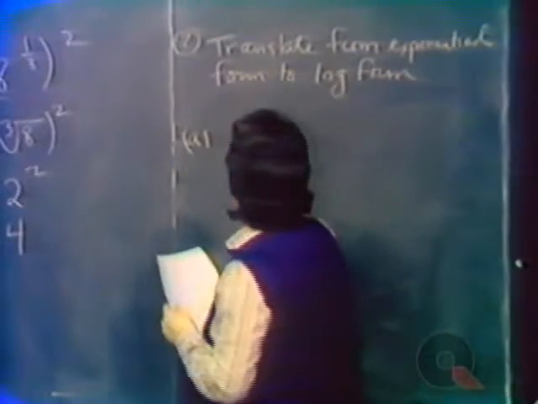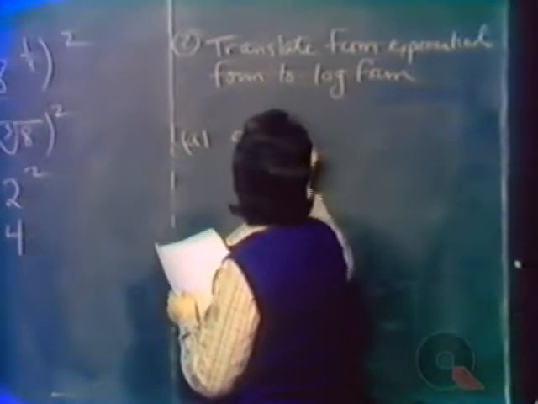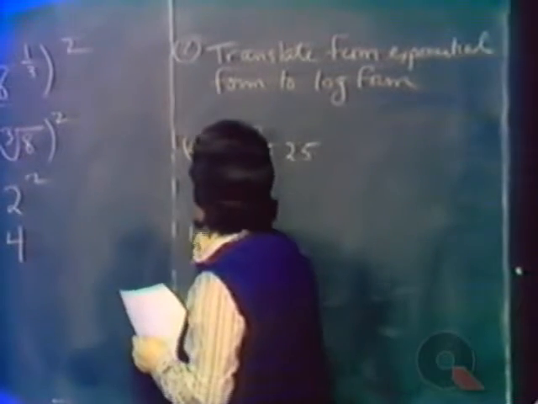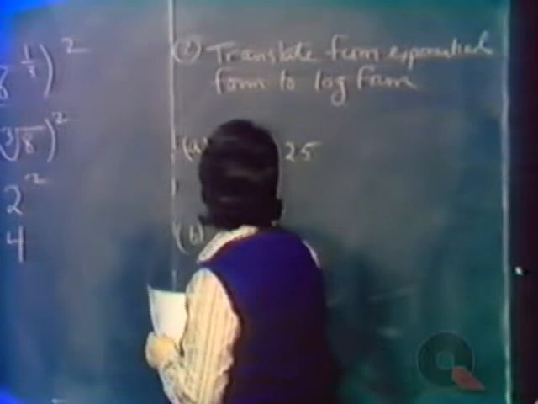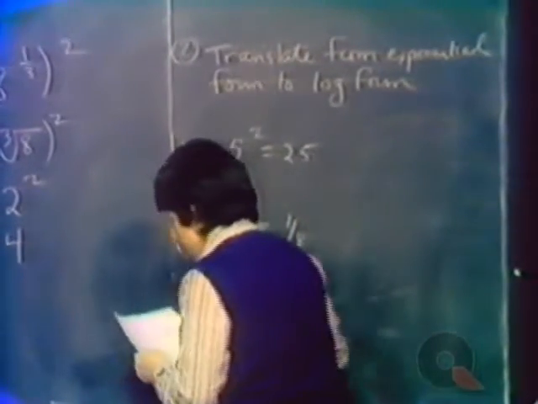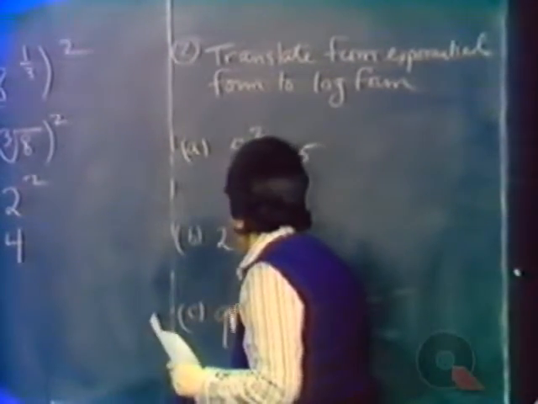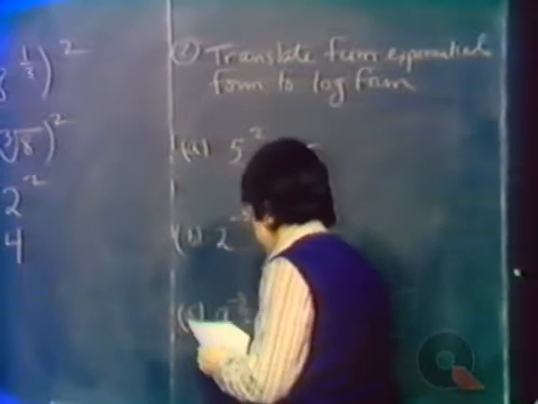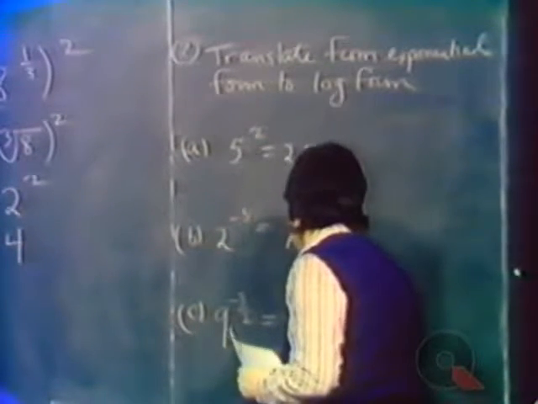In A, 5 squared equals 25. In B, 2 to the minus 3 power is 1/8. And in C, 9 to the minus 3/2 power is 1/27.